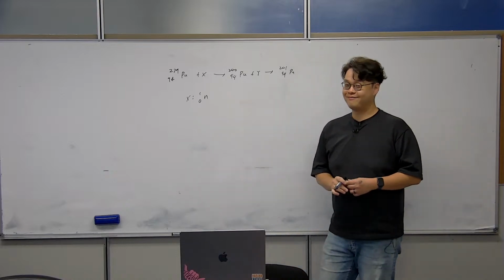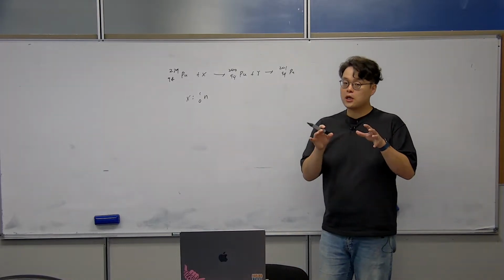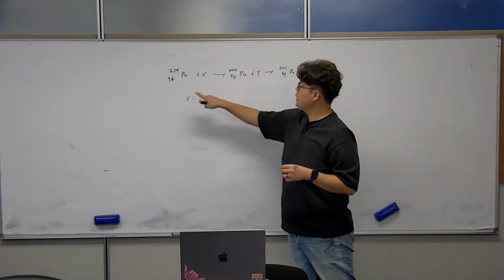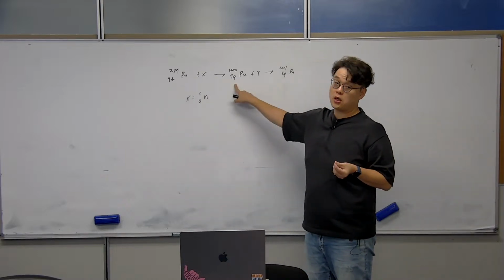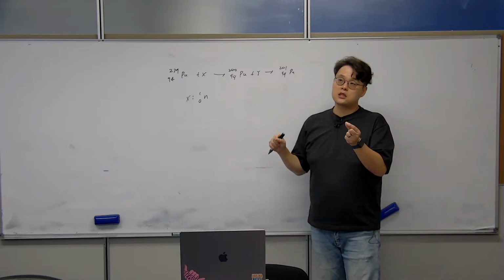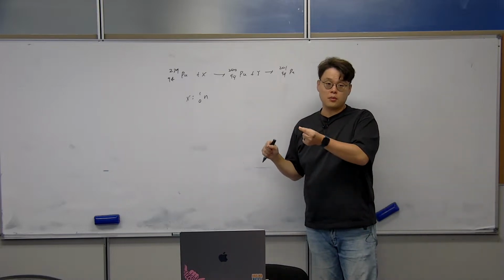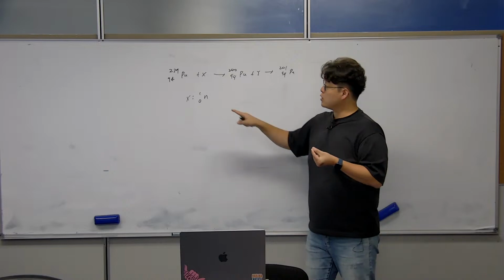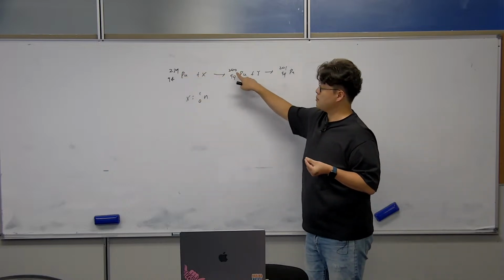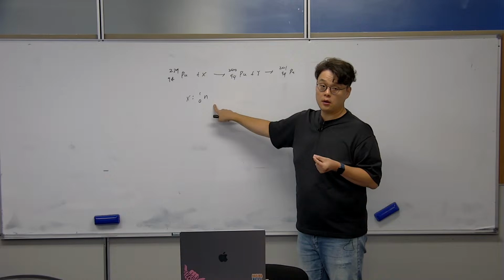No charge is the key to understanding the question. 94 to 94 doesn't change the atomic number at all. Atomic number stands for the number of protons and electrons only. As we do not have any change in atomic number, and since we have a change in the mass number, it must be a neutron.